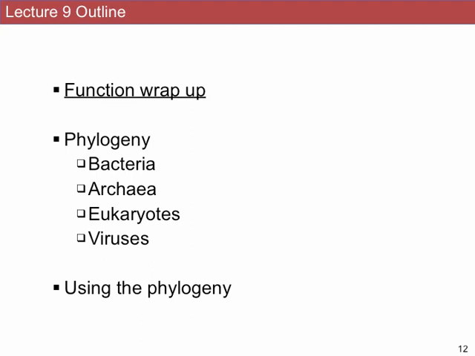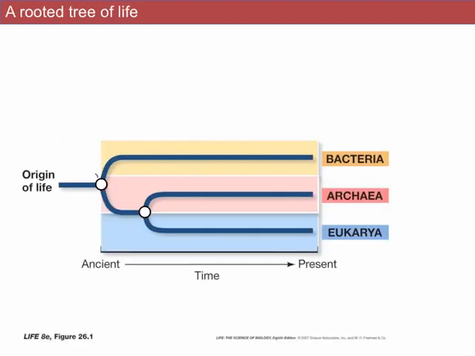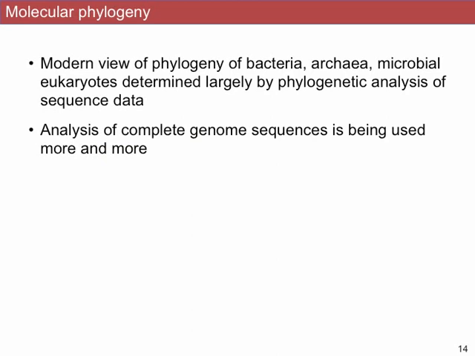So if there are no other questions about the functional diversity, I'm going to move on into our little march through the tree of life here. Okay, so we're going to use the rooted tree of life as our guide, these 3 main branches in the rooted tree of life.